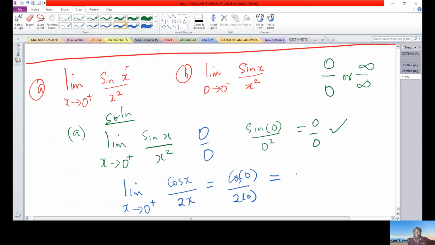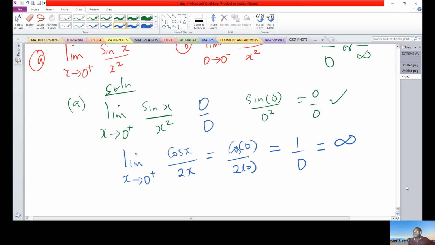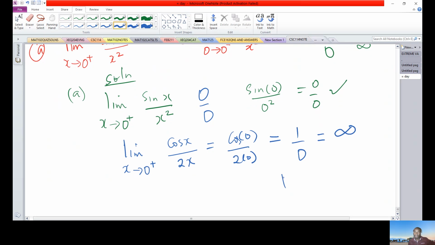Cos of 0 is 1, so this will give us 1 over 0. This is just infinity, and it is positive for x greater than 0.